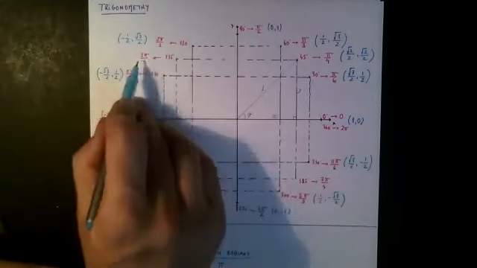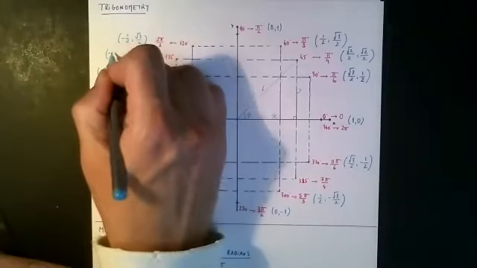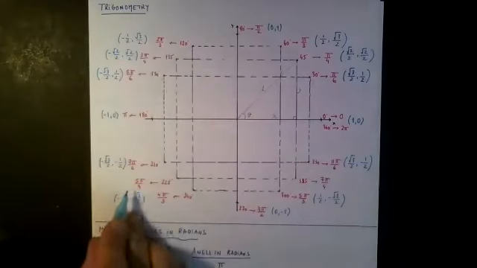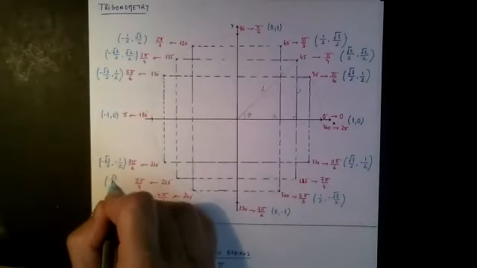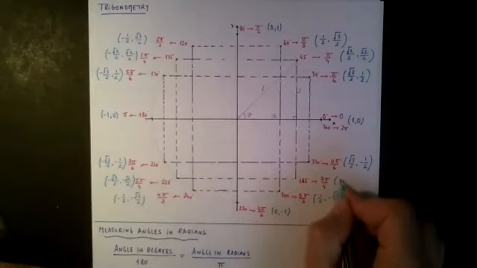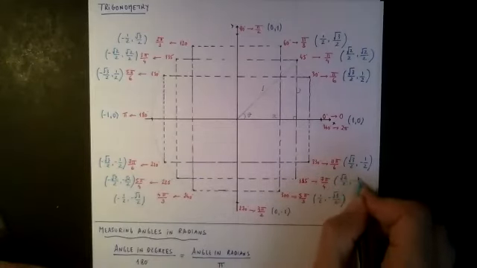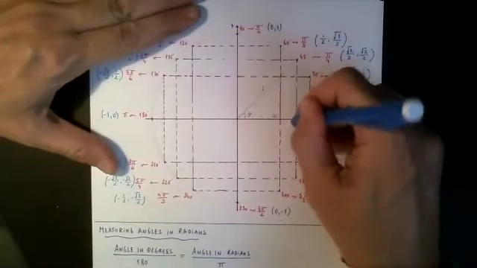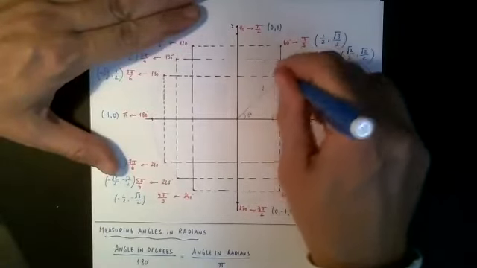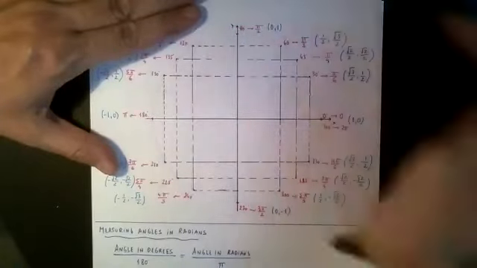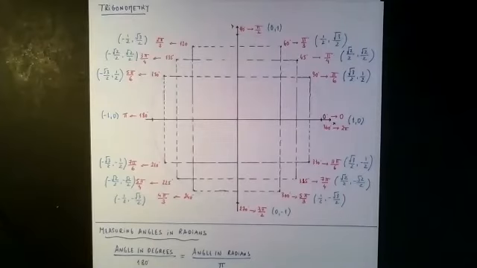Okay, so this will be negative positive. So negative root 2 over 2, root 2 over 2. This one will be negative negative. And this one will be positive negative. So root 2 over 2 and negative root 2 over 2. I don't need this triangle anymore. Any questions?